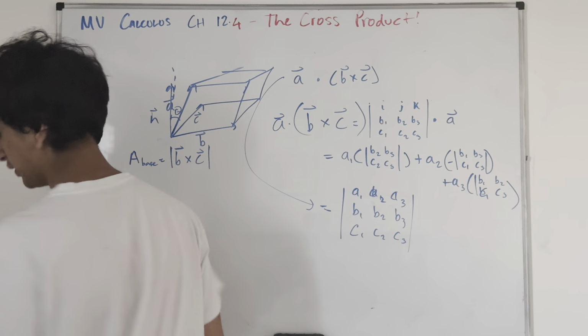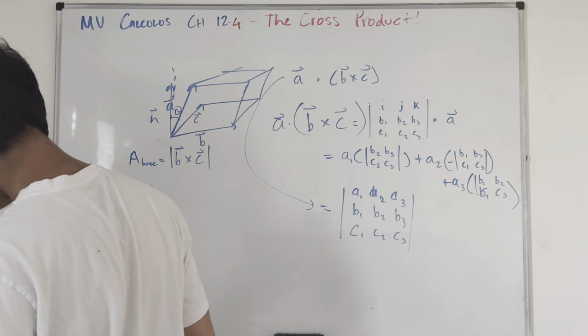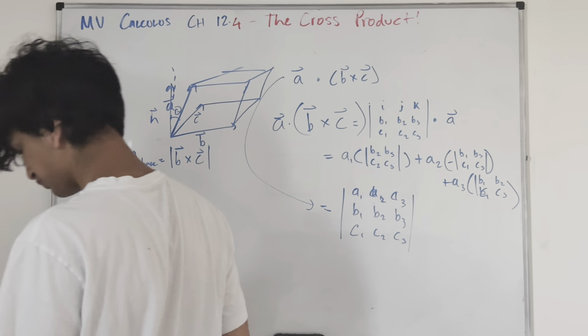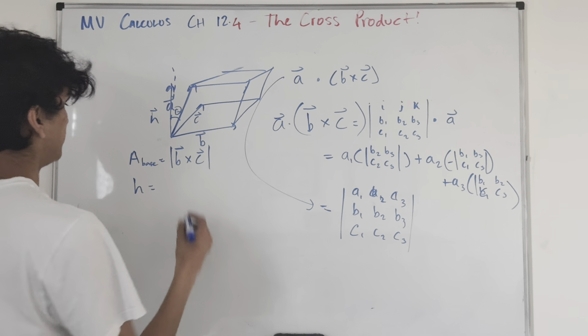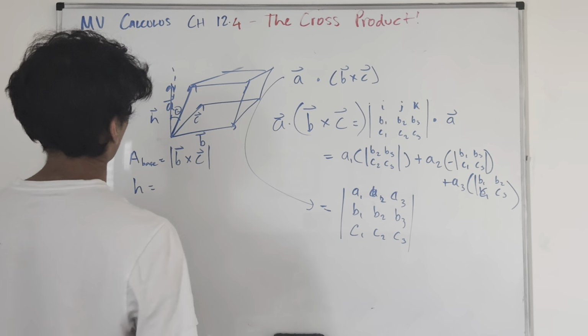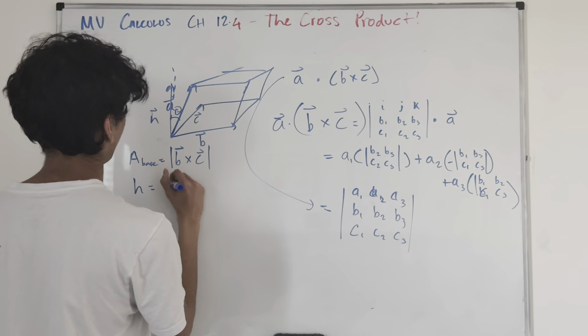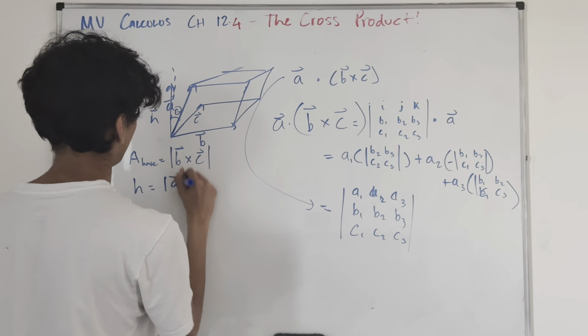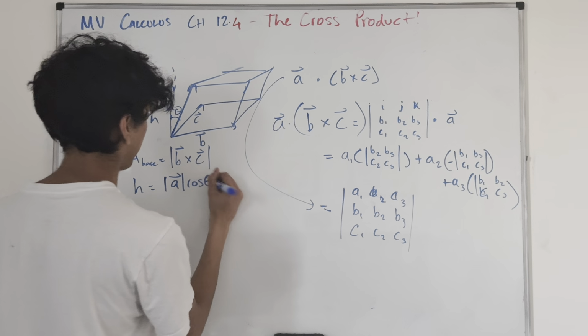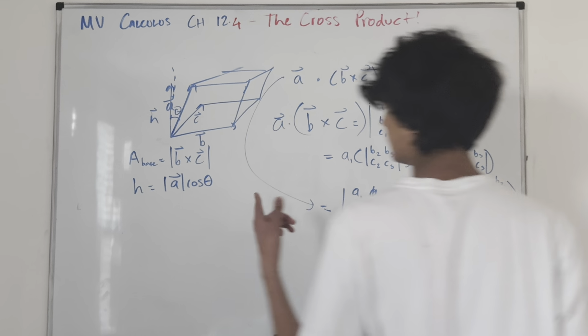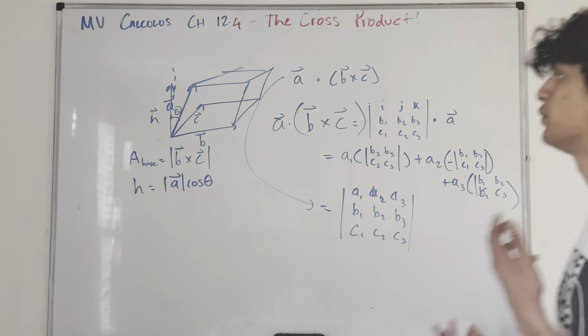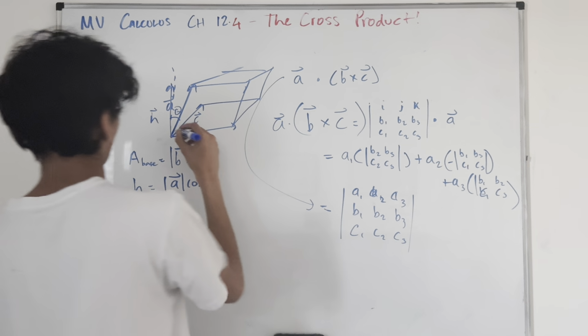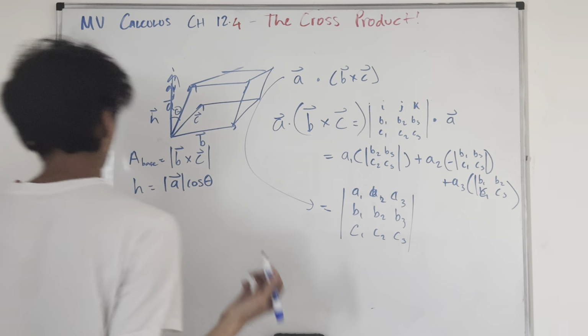This will end up being the magnitude of A times cosine theta. Well, here's the deal, right? When I take B cross C, it will be a vector that's in the same direction as this quote unquote height vector.